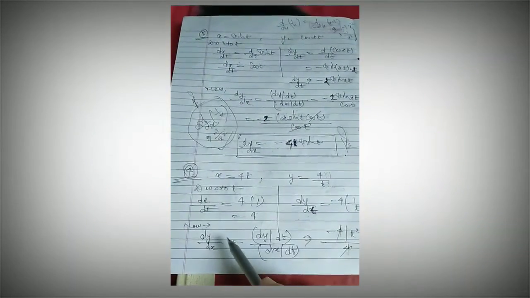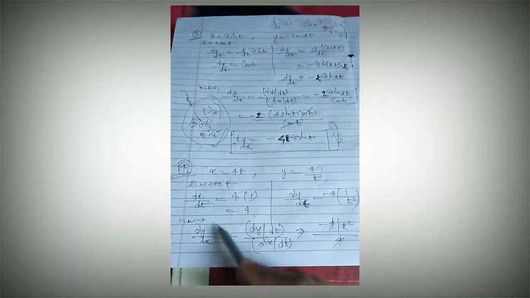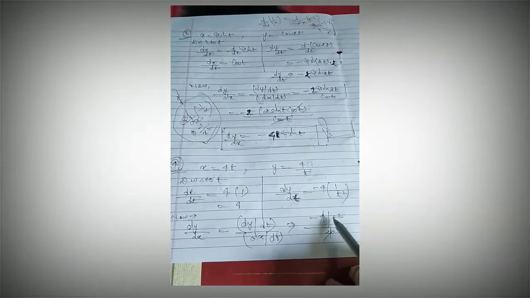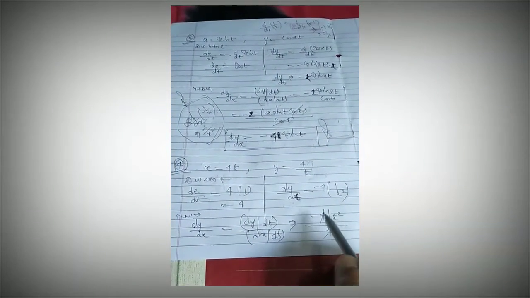We have to find dy by dx, which I may write as dy by dt upon dx by dt. The value of dy by dt I found is minus 4 upon t square, and the value of dx by dt is 4. The 4 will cancel out, and the answer will be minus 1 upon t square. This is your answer.